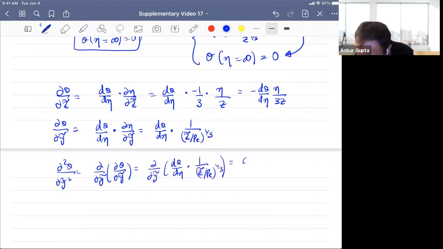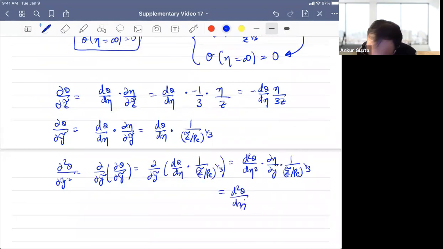Or this becomes d square theta by d eta square times del eta by del y, 1 by z to the power roughly 1 by 3. Or essentially this becomes d square theta by d eta square times 1 by z by Peclet to the power of 2 by 3.